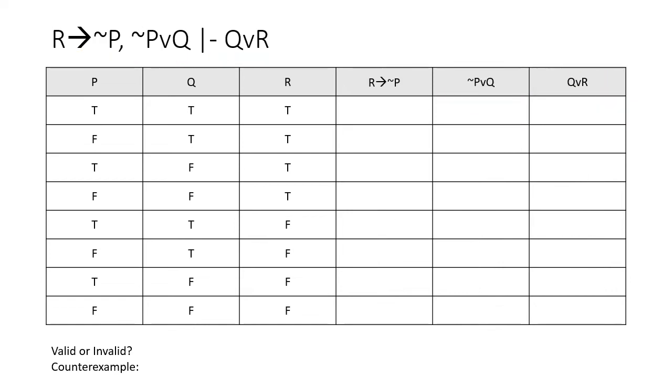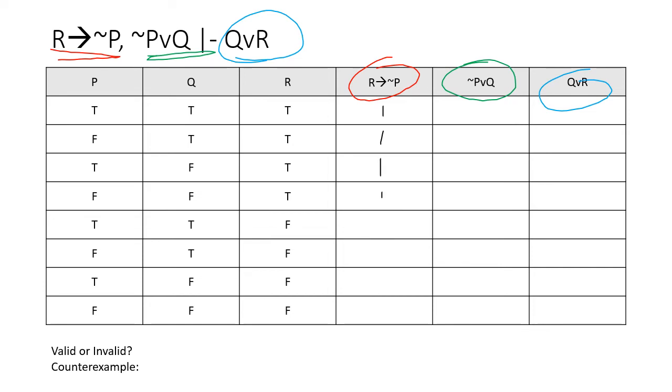Look at this next one. Two premises. We've got one here, here, and then our conclusion. These are pretty straightforward. So you've got two operators here. Tilde is operating on the P, so we gotta do that one first.